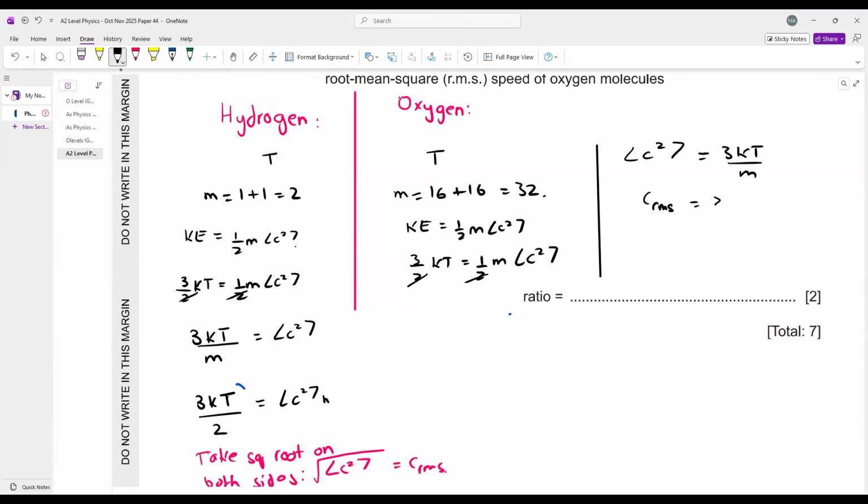CRMS is equal to the square root of 3kT/m. What is the mass of oxygen? 32. So CRMS of oxygen equals the square root of 3kT/32.